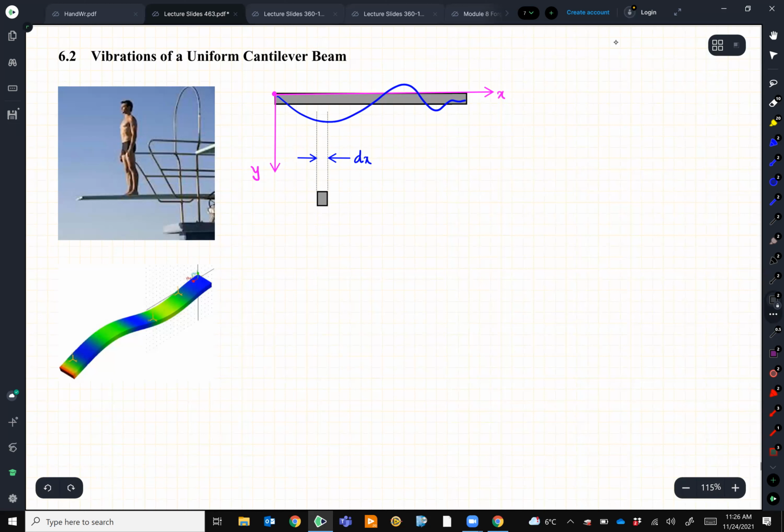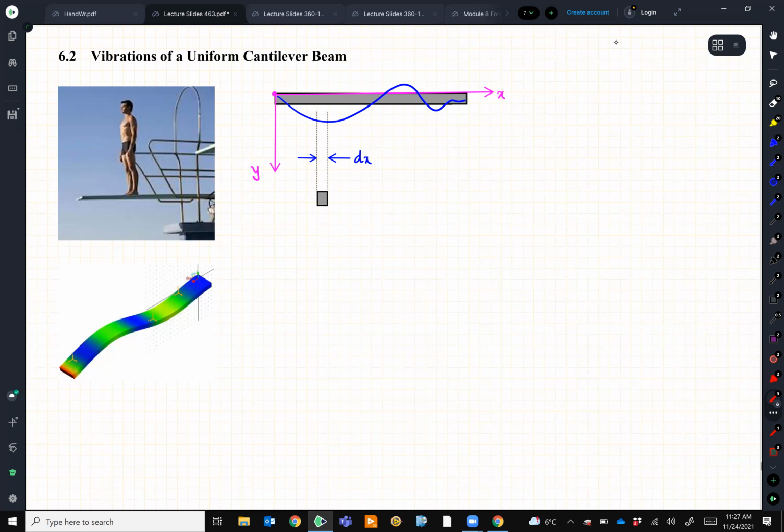So the forces that I have. You remember from MEC 360, either in the past or if you're taking it now, when we cut a beam, we have internal loads, right? Similar to a spring, or to the string in the previous example where you had tension. Here now you have shear force and bending moment.